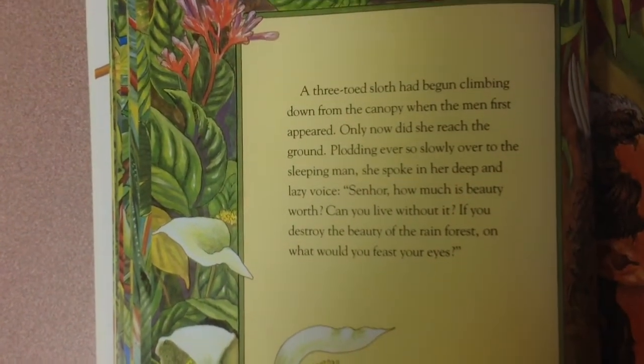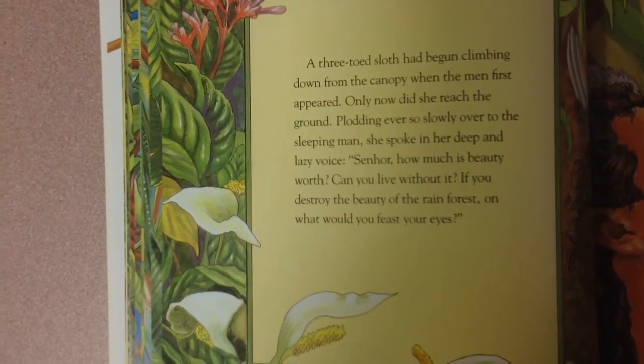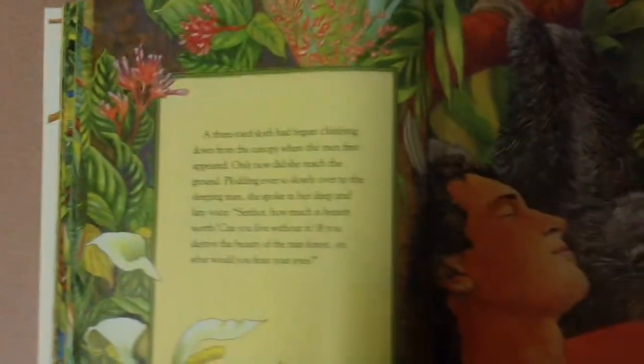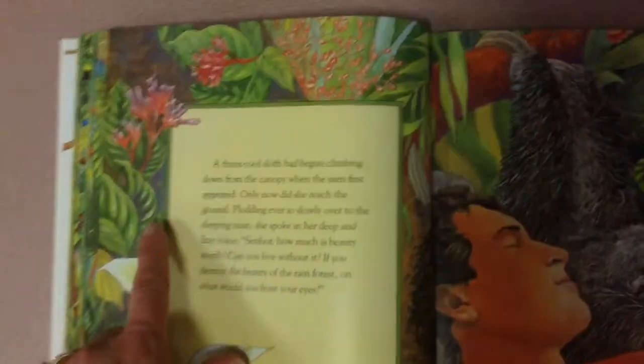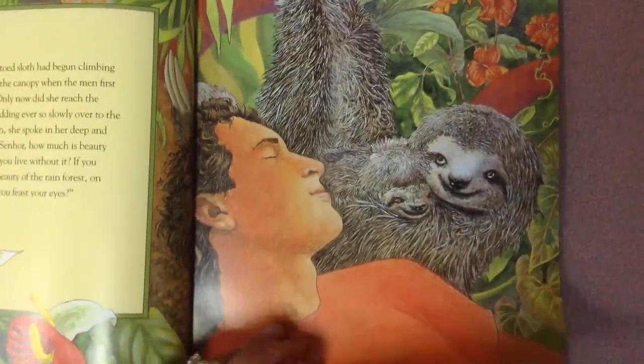If you destroy the beauty of the rainforest, on what would you feast your eyes?" So a sloth is a very slow-moving animal. Lynne Cherry pointed that out because she started moving when the two men first appeared in the rainforest, and she's only now getting to him.